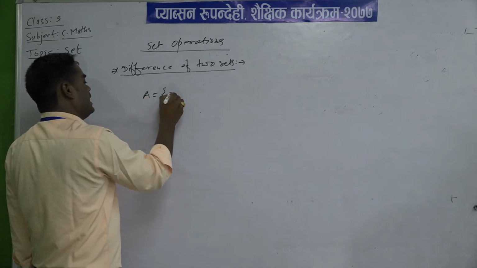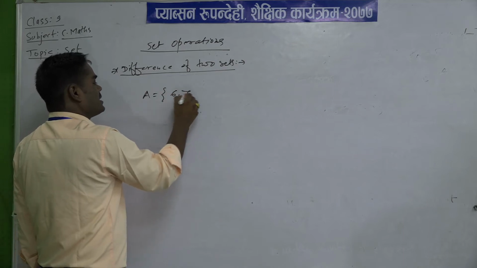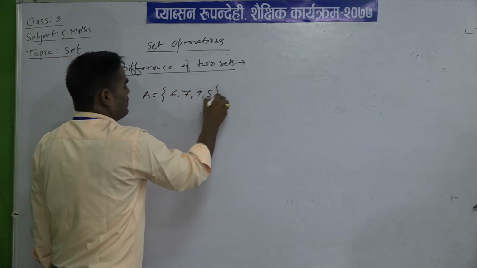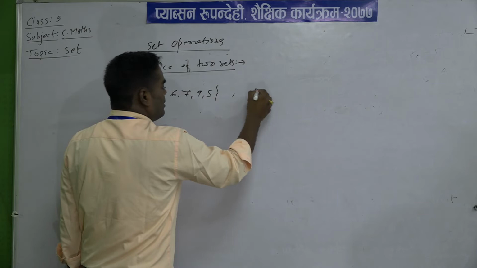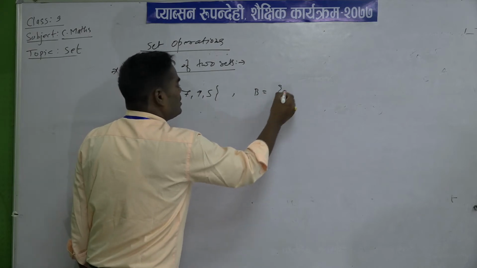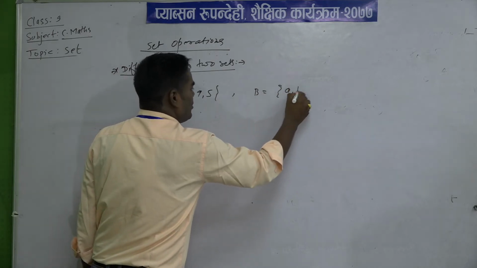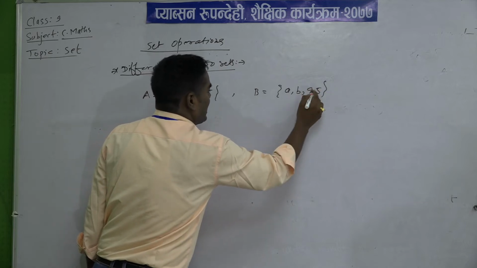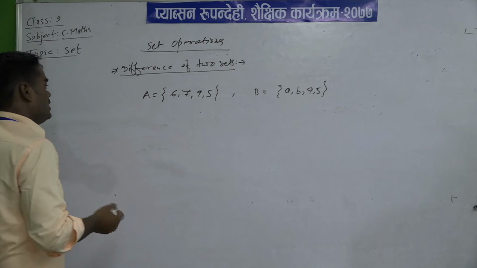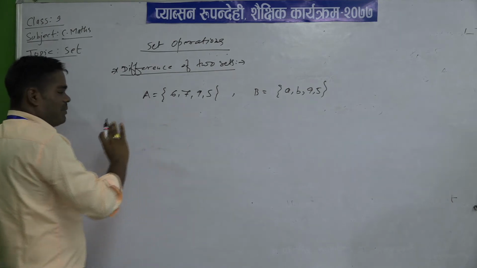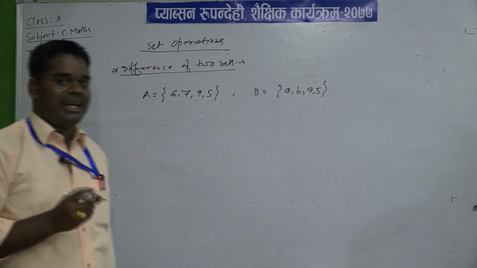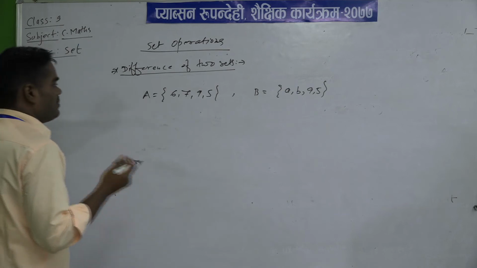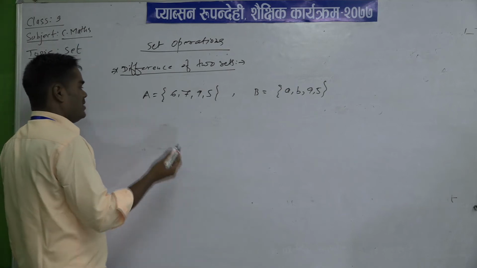Suppose set A has elements 6, 7, 9, 5 and B has elements 9, 5. So, the minus of A and B is known as the difference of A and B. Difference means what?